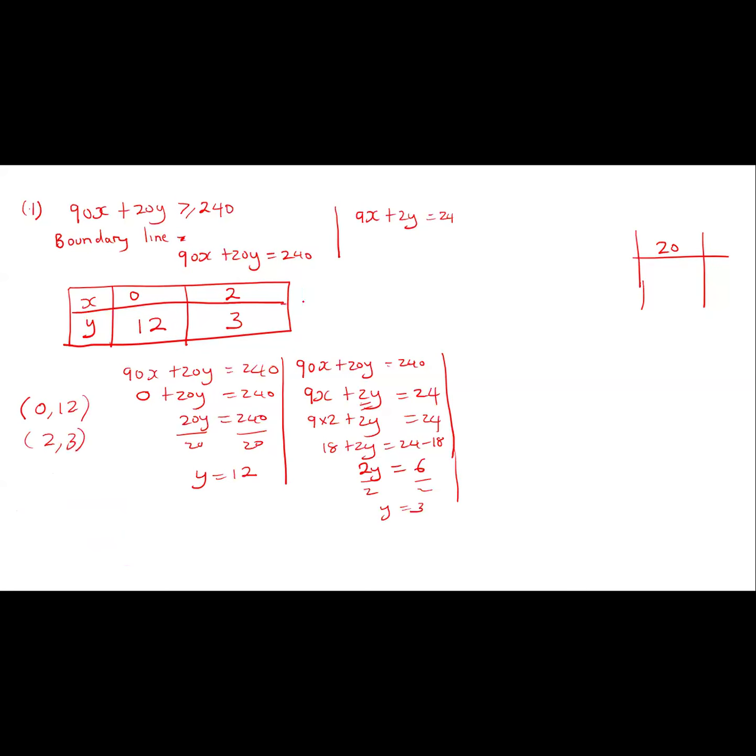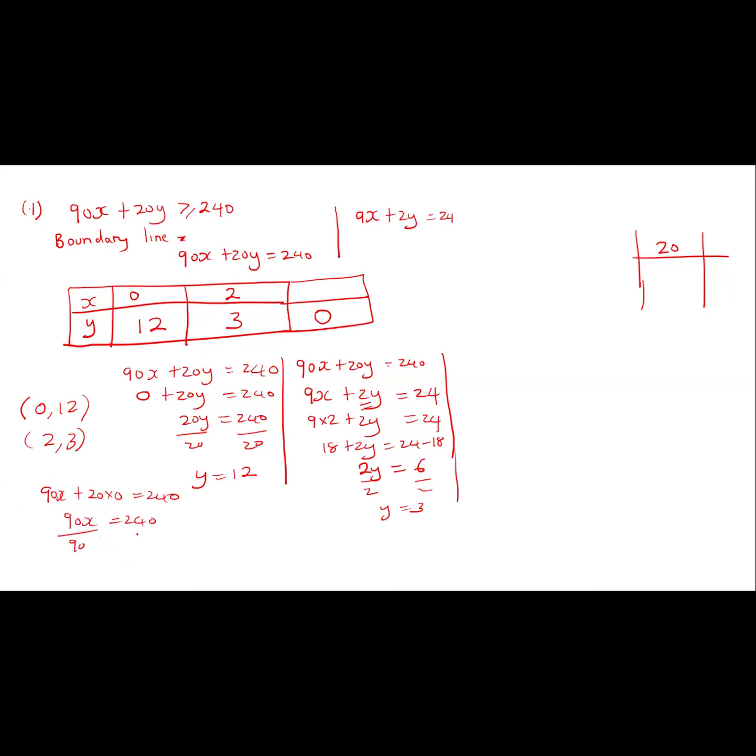But in case you feel, even this one, I've said it works when you use a 0. Here now, when you say y is equal to 0, it means you have 90x plus 20 times 0 is equal to 240. Meaning you have 90x is equal to 240.